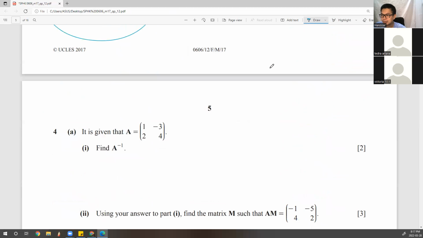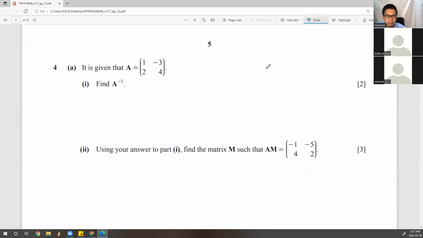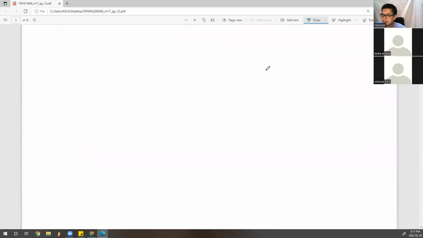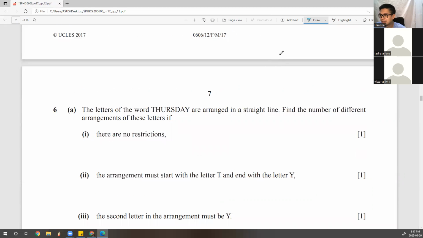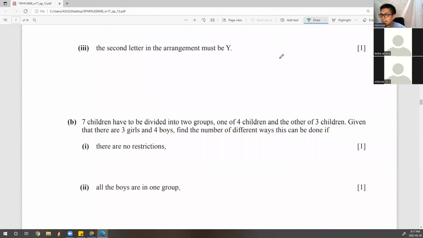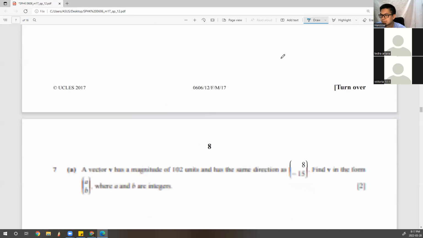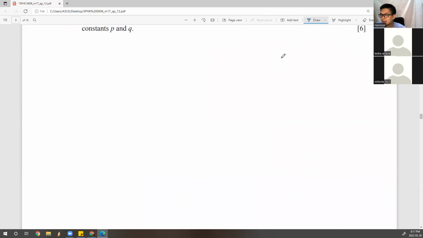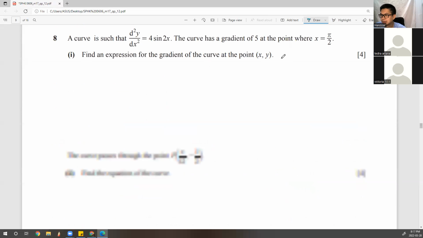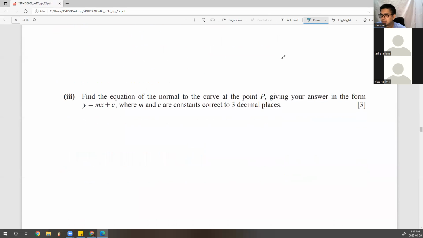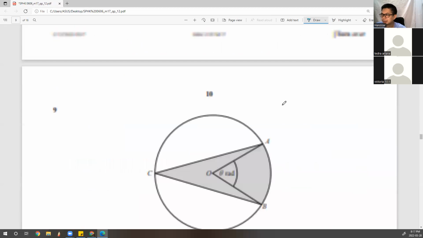Now, what else? Wait, give me a moment. Okay, polynomials. Find the polynomials first. After that, we can go for the next part. You don't have the polynomial rule.